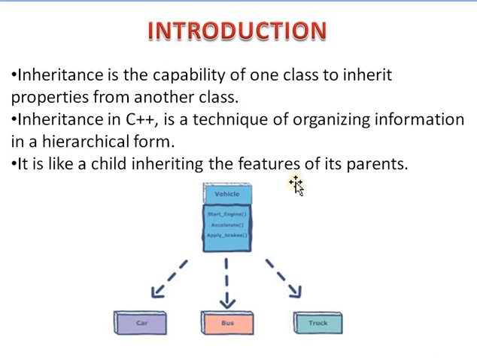That means the capability of a class to derive the properties and characteristics of another class is called inheritance. And inheritance is one of the important features of object-oriented programming because it provides code reusability.